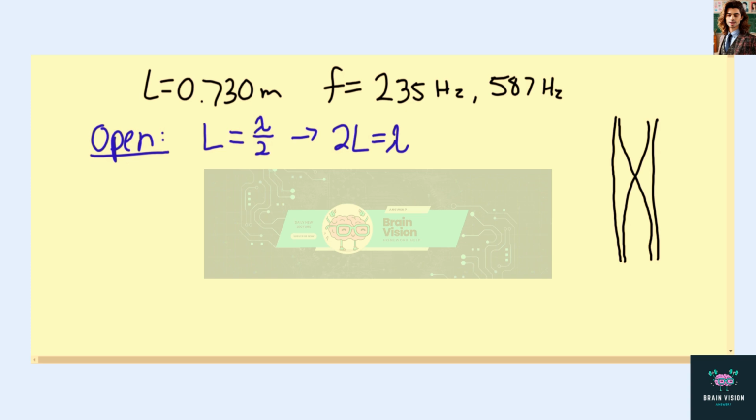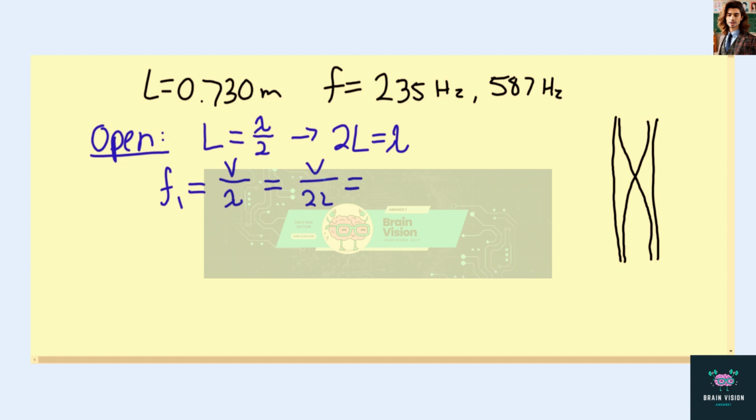So then from here, in order to calculate the fundamental, the fundamental frequency is going to be equal to the speed of sound divided by the wavelength, which we can substitute 2L for. So f1 = v/2L. We know the length of the tube and we know the speed of sound. We're assuming it's 343 meters per second because we haven't been told otherwise in the problem.